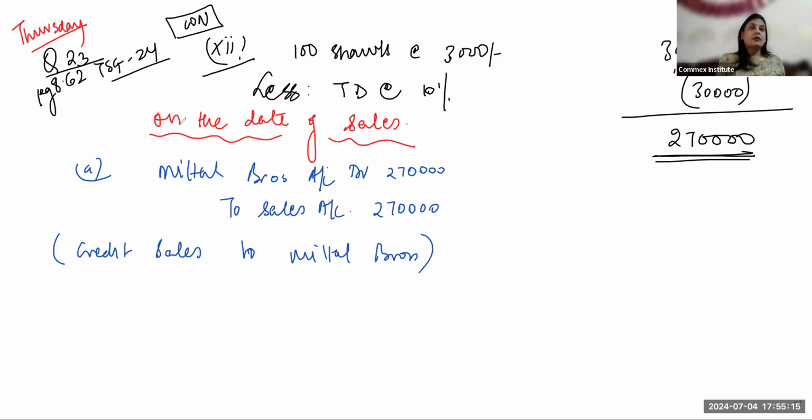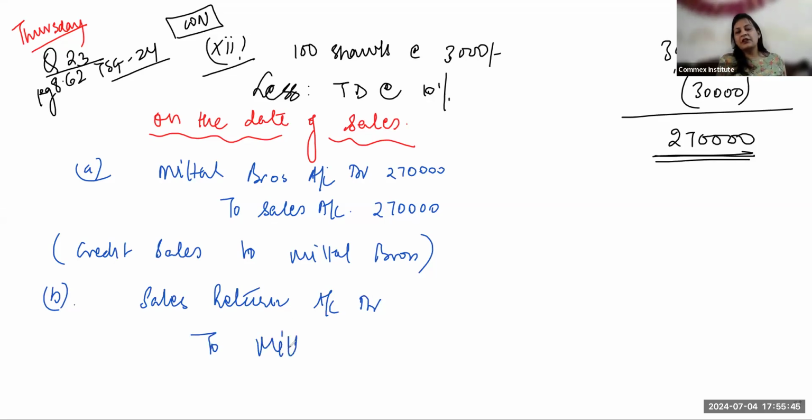Then the B part is maybe after 2-3 days, we don't know. On that day, we are going to pass the entry for sales return. So that will be Sales Return Account debit to Mittal Brothers, reversal of the above transaction.